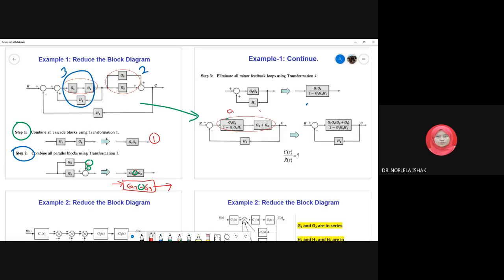This is A, and this is B, and this is C. So what connection can you define for this? How about A and B? Is it cascade, parallel, or feedback? Cascade. A and B is a cascade, right? Yes. So we multiply A and B, so we can get this one.